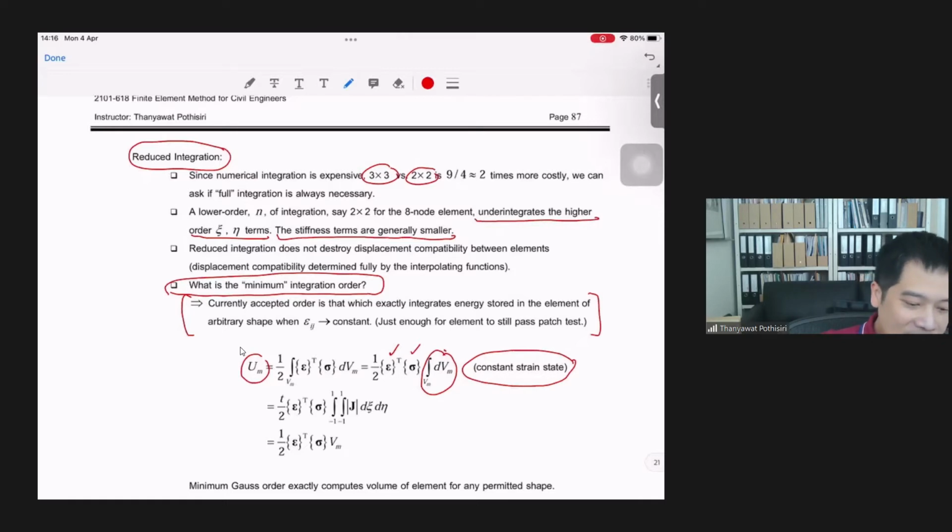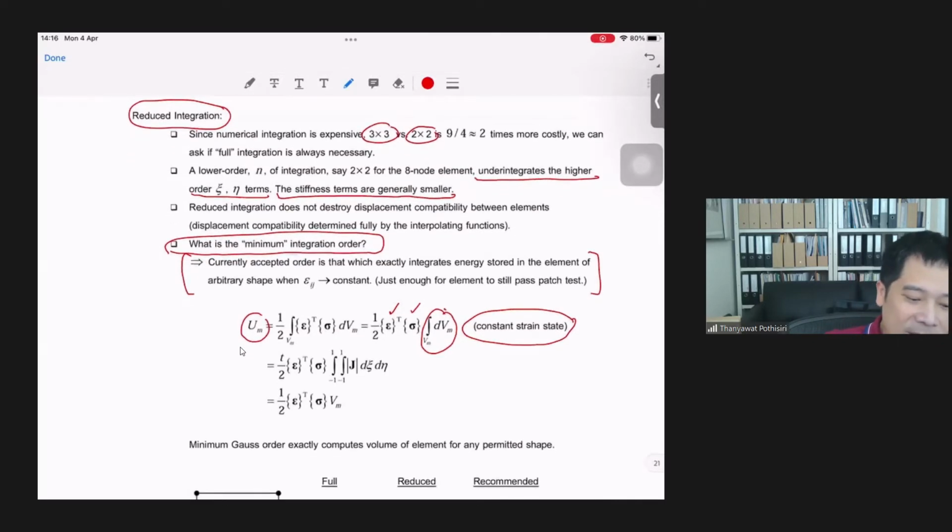So the minimum order of integration is the order in which you can still exactly integrate the volume of the element. Okay. Which is this term right here, in this case.